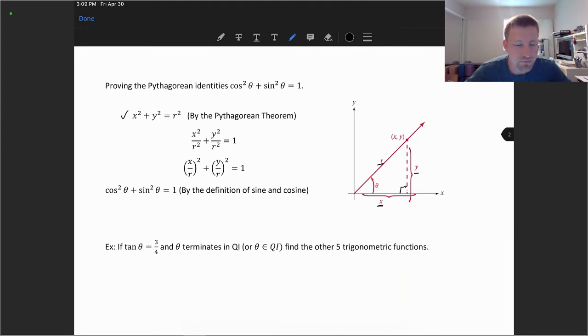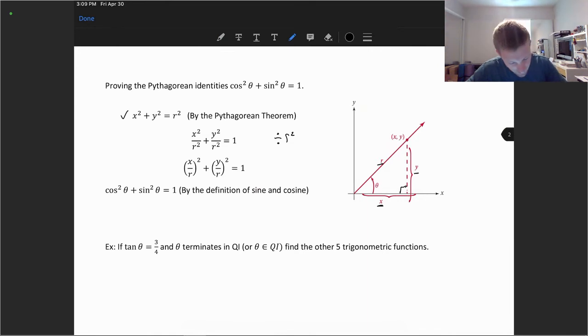If I consider dividing the whole equation by r squared, so we divide each term by r squared, we'll get this second line: x squared over r squared plus y squared over r squared equals 1. But we, again, can factor that squared out to get (x over r) squared plus (y over r) squared equals 1.